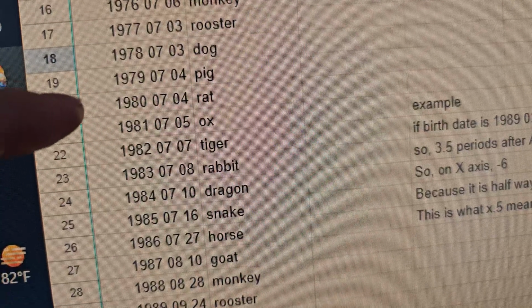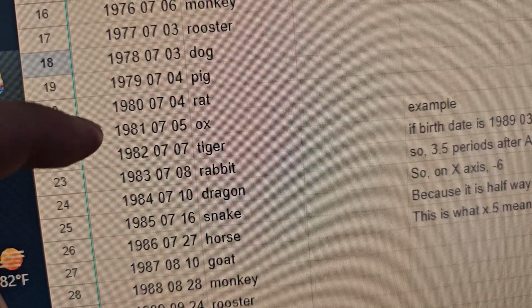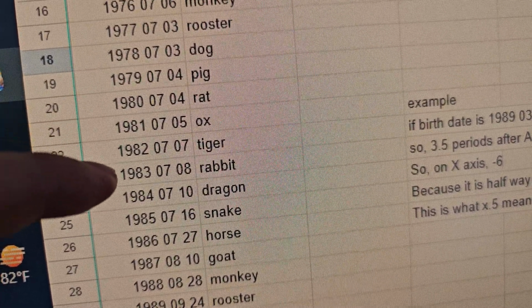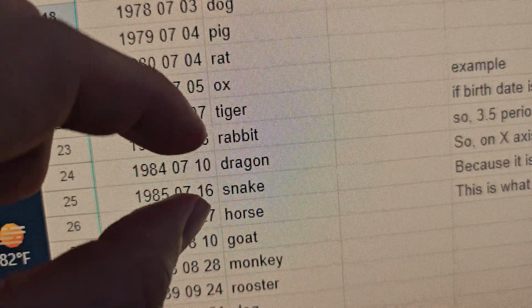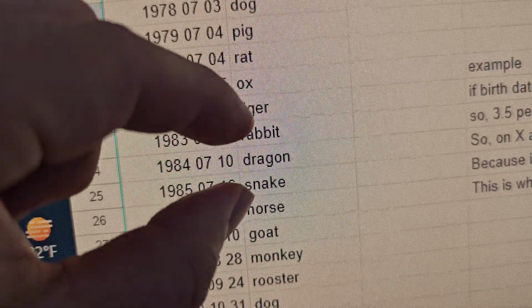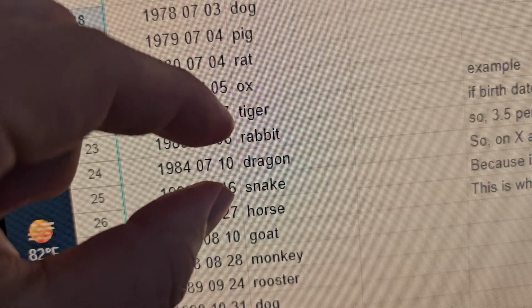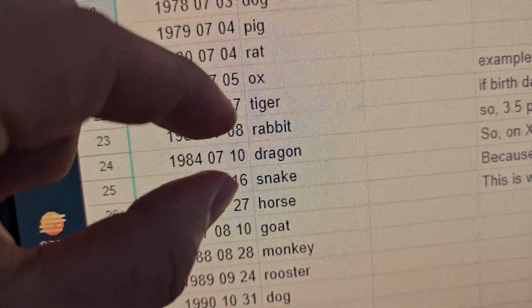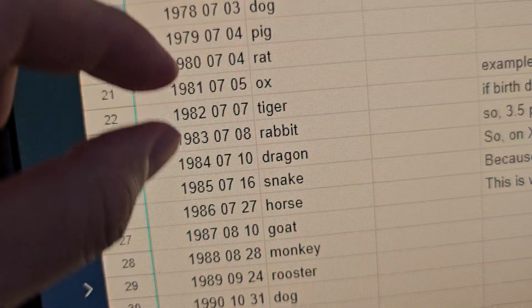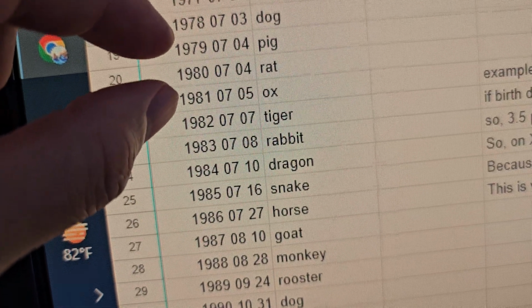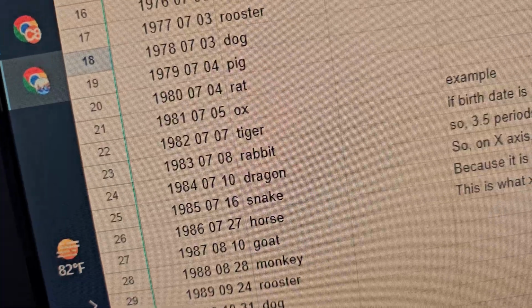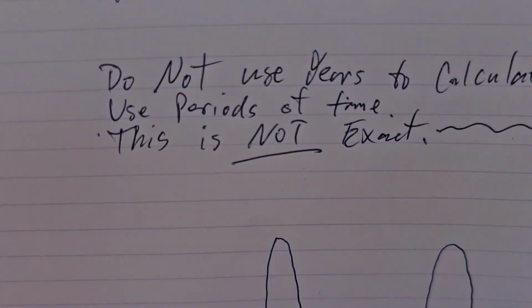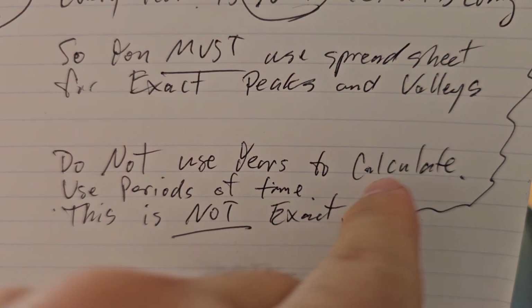If I was born in 1980, you have to go 1 period, 2 periods, 3 periods, and this is the 4th period. I'm going to start being lucky after July 1984 if I was born in 1980. So, do not use years to calculate.